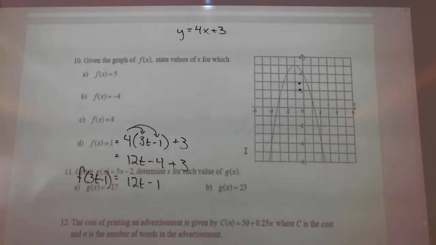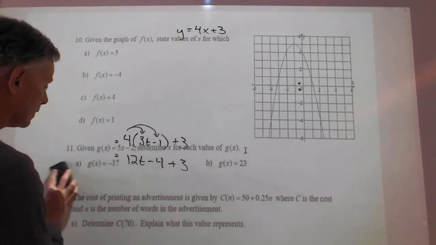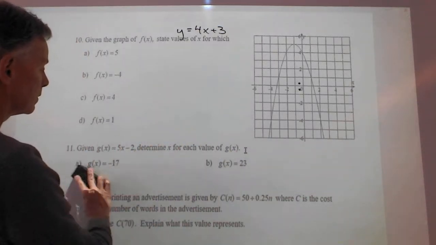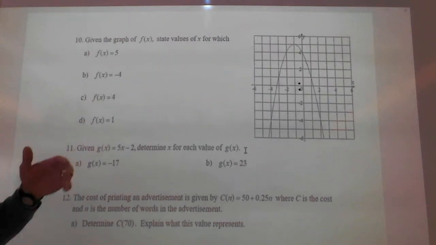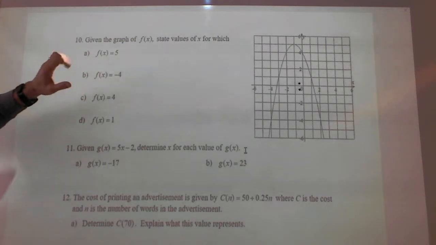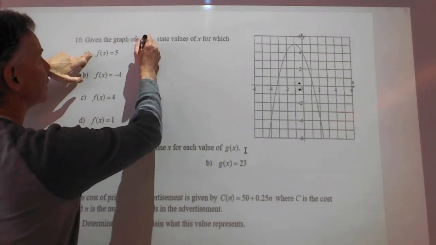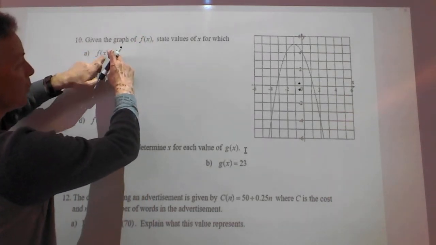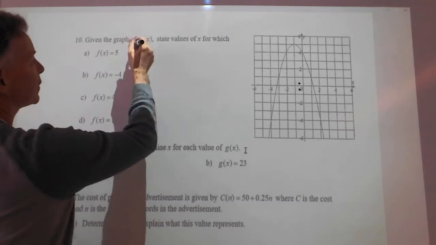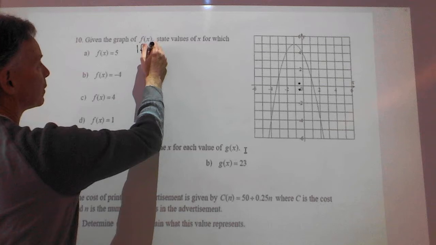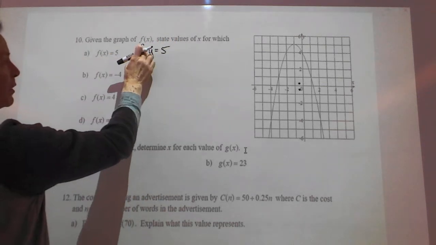Just one more question before I let you go. Another graph. It's just this time they're telling you to notice there's no number substituted for x here. In this case, they're telling you if y equals 5, remember this f at x just means y.